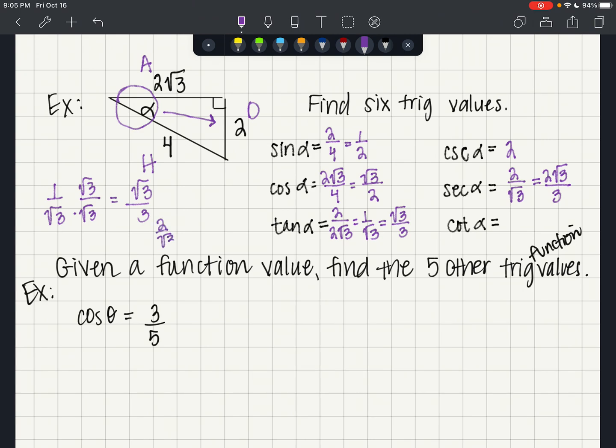We get that by multiplying by the square root of 3 over the square root of 3. And that's how we get 2 times the square root of 3 over 3. And the cotangent of alpha is going to be, I'm going to look at this one in the middle right here, because that's the easiest one to take the reciprocal of, and it is the square root of 3.